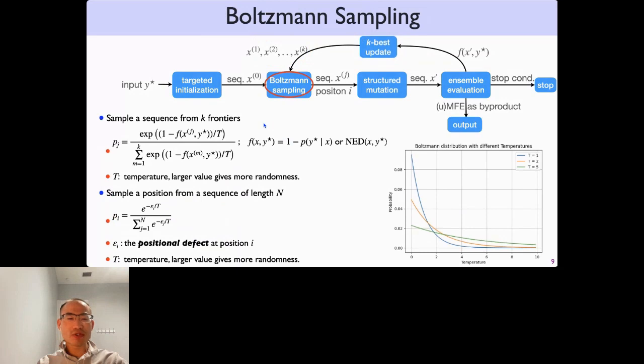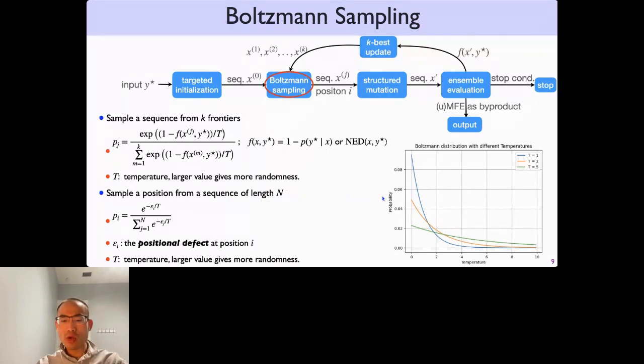In the sampling stage, we have two specific samplings. In the first sampling, we sample one sequence from the K-best sequences. In the second sampling, we sample one position from n possible positions.